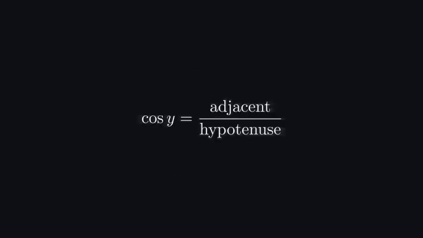Sine is opposite over hypotenuse. So, sin of y equals the square root of 2 over 2. Cosine is adjacent over hypotenuse. So, cos of y equals the square root of 2 over 2.